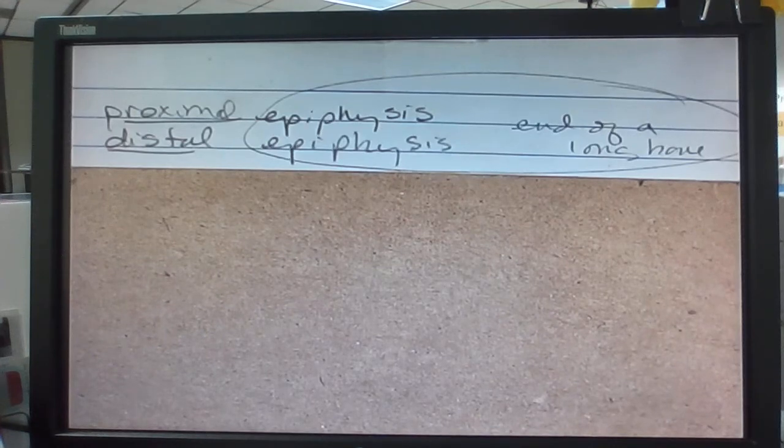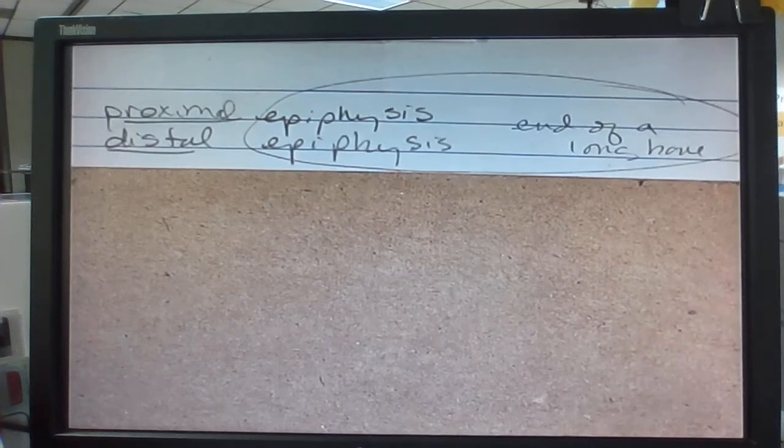All right? Proximal, distal. What's the difference between those two terms? Not necessarily. We got to kind of watch that. I mean, I know what you mean, but not necessarily. Distal, distant.